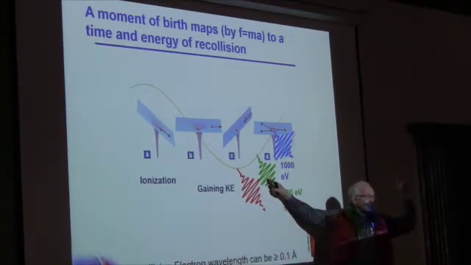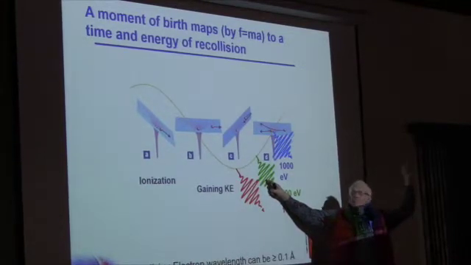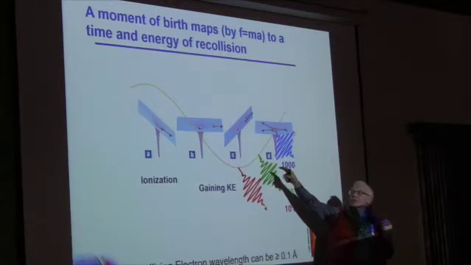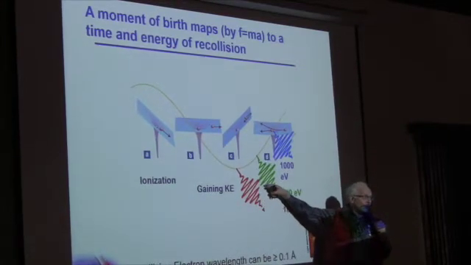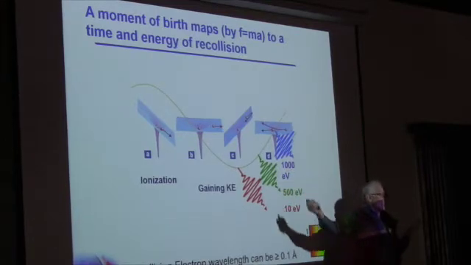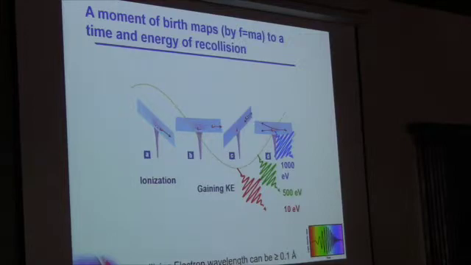Born a little earlier, colliding a little later with more energy, and born even a little earlier still, colliding at the optimum time. This gives you a time-frequency mapping of what you would see in the experiment, and that's exactly what you see. Is that clear? Good.